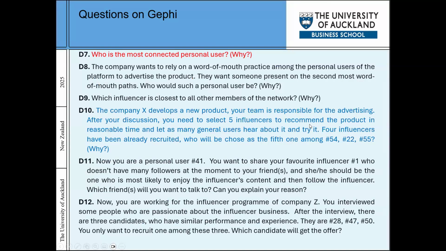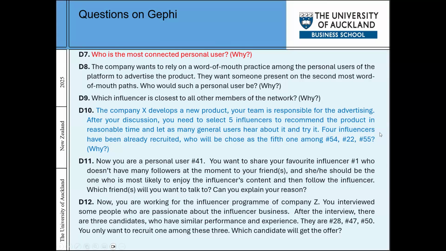Now, a similar question with similar cognitive effort is this one on GEFI, but this question is asking for the influencer node. Again, we are giving 3 options to choose from: 54, 22, and 55, and the participant is expected to choose one of these, considering those centrality measurements, degree, closeness, and betweenness, whichever is relevant in this context.